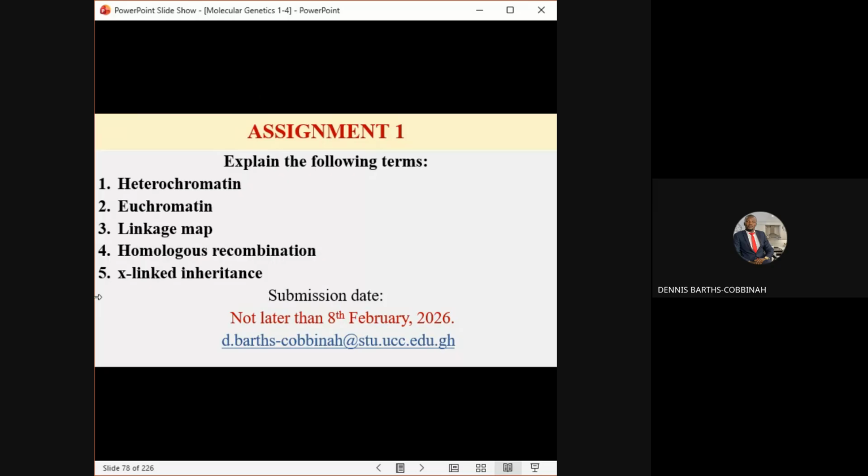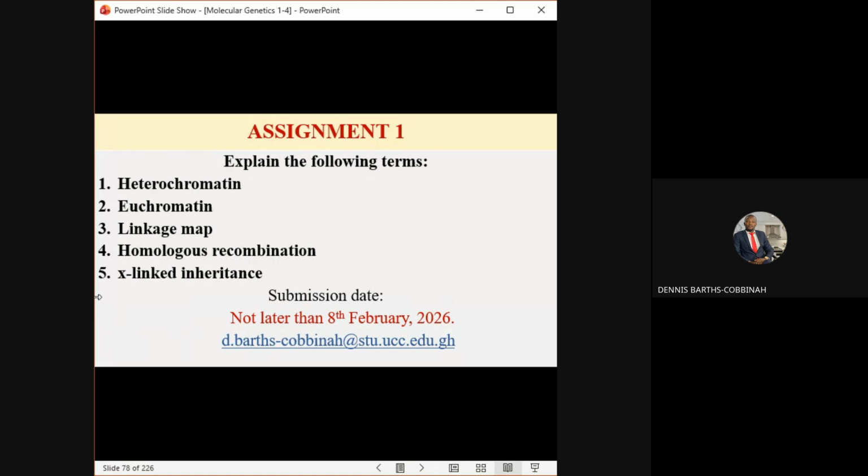Kindly, even when you are sending, pay attention to detail. If you are sending the mail, kindly pay attention to detail. You have D dots. I'll call you, please. The one whose hand is up, I'll call you.